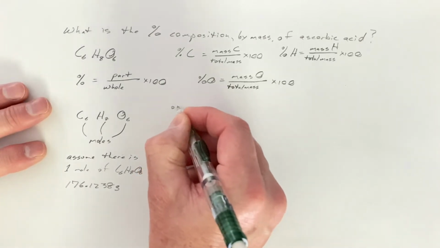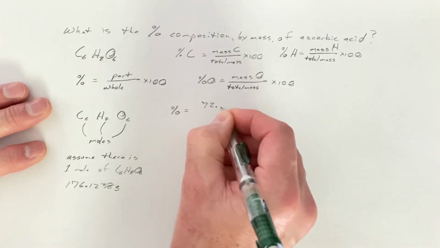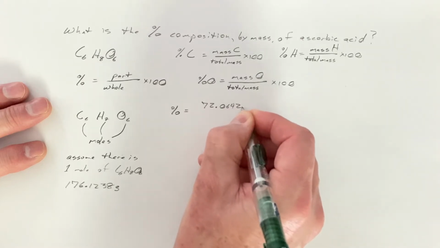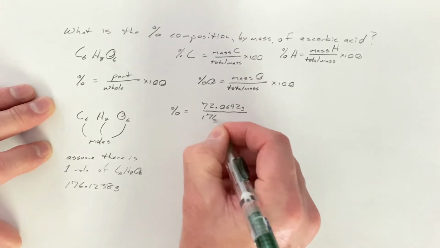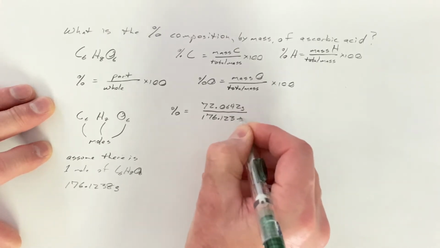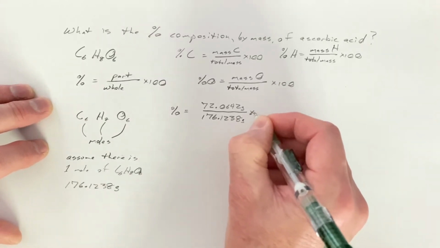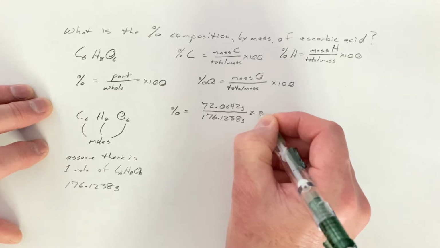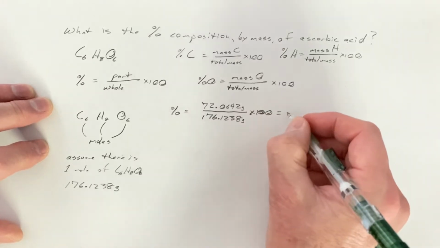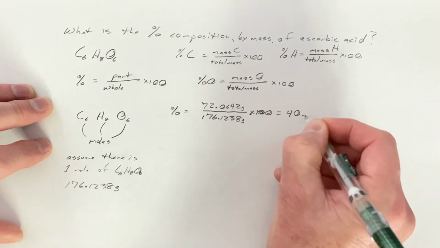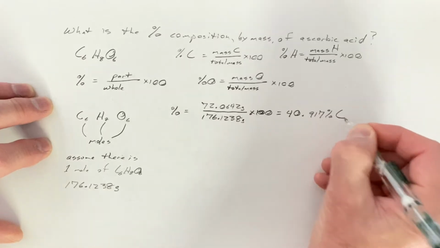So our percent carbon will be 72.0642 grams of carbon divided by 176.1238 grams of ascorbic acid times 100. And this works out to be 40.917% carbon.